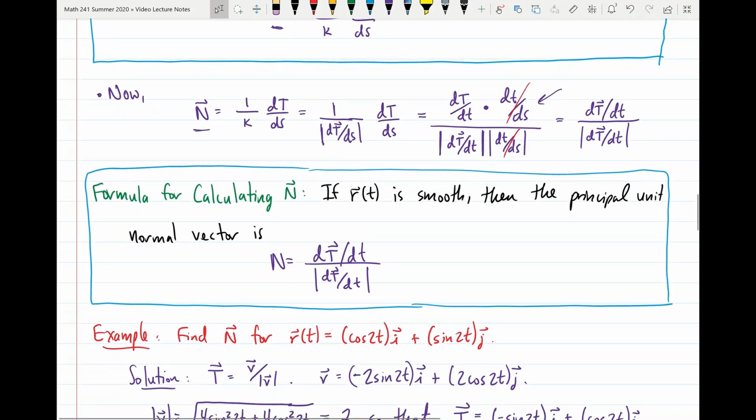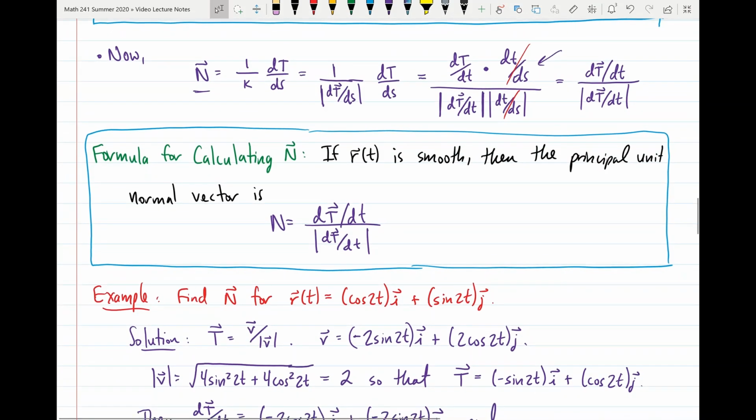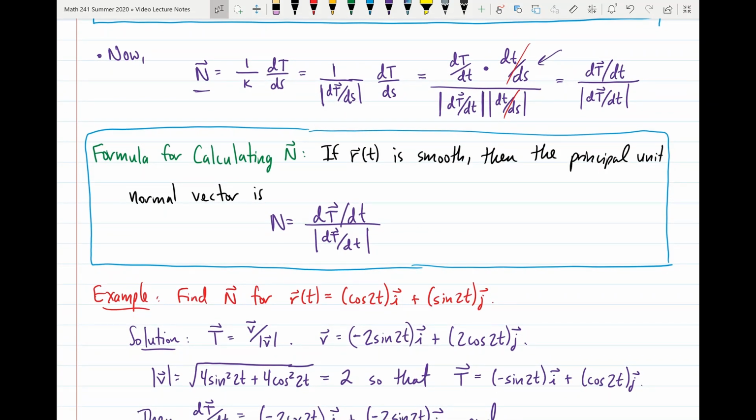And that will ultimately be our formula for calculating this vector N. So if we have a curve r and it has to be smooth, then the principal unit normal vector is given by, again, N is equal to the derivative of the unit tangent vector with respect to t divided by the magnitude of the derivative of the unit tangent vector with respect to t.